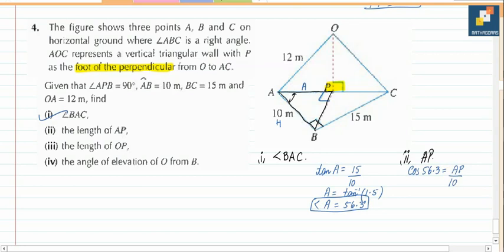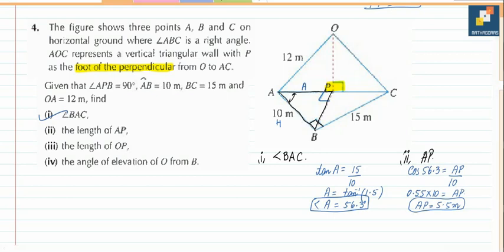So cos 56.3 is 0.55 multiplied by 10 is equal to AP, right? So the final answer of AP is 5.5 and the unit of length is meters as given in the question. Now the first two parts are completed.